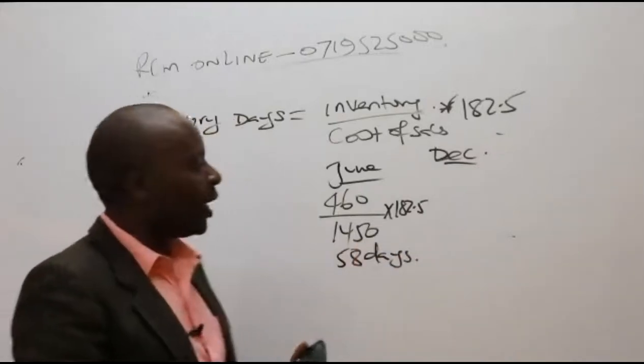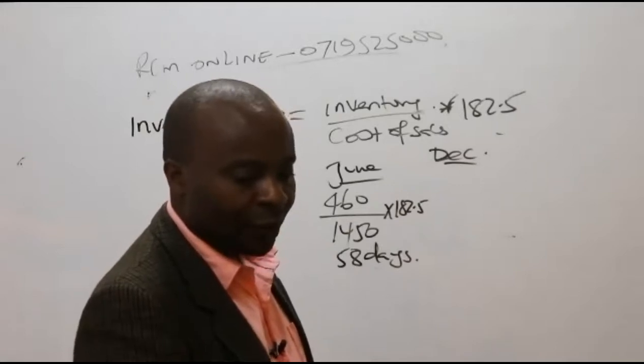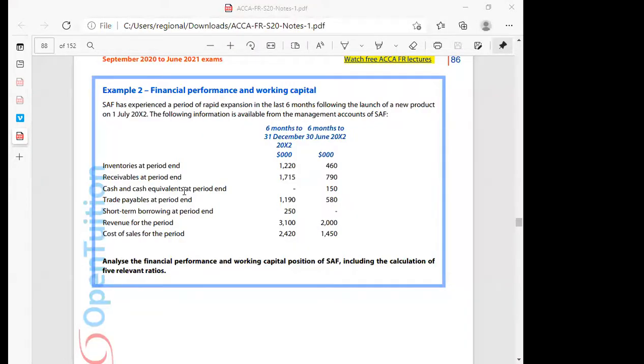How about for the period ending December? For the period ending December, ladies and gentlemen, I can see inventories are 1220 vis-a-vis cost of sales of 2420.